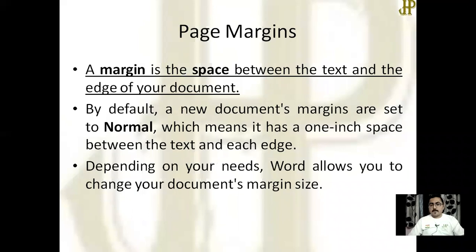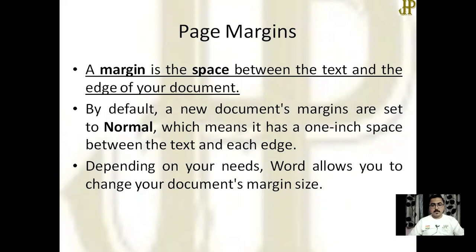Now, the next one is page margin. So what is margin? A margin is the space between the text and the edge of your document. Once again, by default, a new document's margin is set to normal.